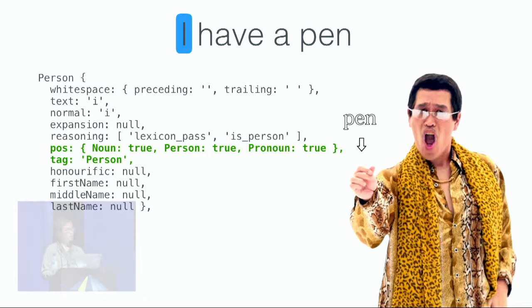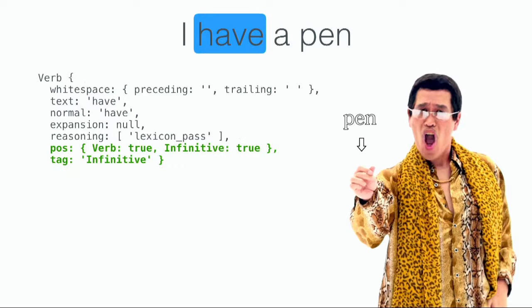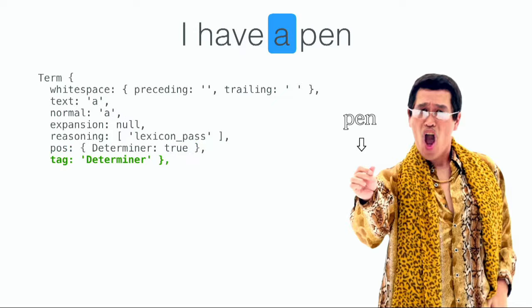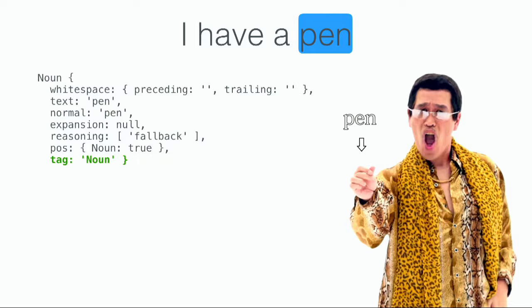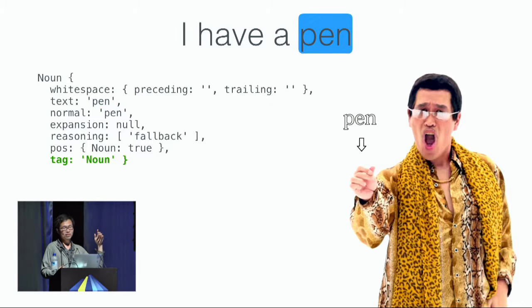The first you get is I, a pronoun, so that's not what we want. You get have, which is an infinitive verb, then a, which is an article, or rather a determiner, and also pen. So the first one is a pronoun, the second one is a verb, then an article, then a noun. So you kind of get the gist of it.